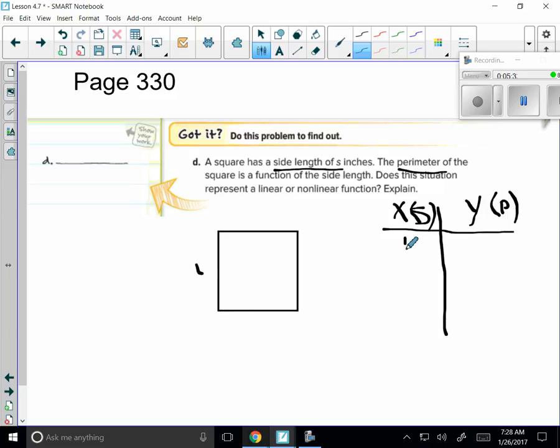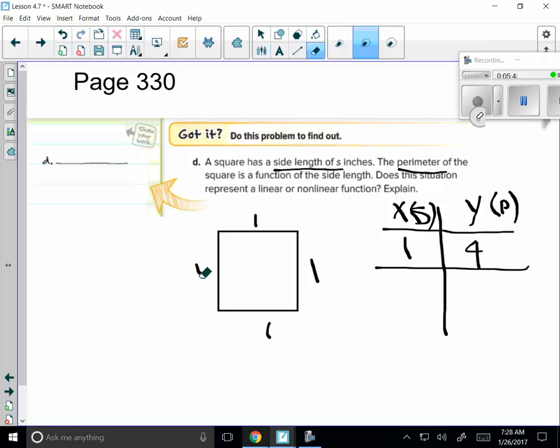Okay, so let's say our square here has a side length of 1. So I'd put a 1 in my x side of my table. So if this is a 1, then this is 1, 1, and 1. So the entire perimeter is going to be 4. Now let's think about, what if I have a side length of 2? There's 2, 2, 2, 2.